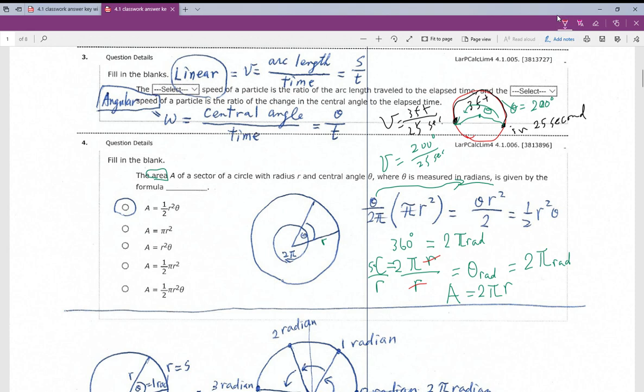Here. The circumference is 2 pi r, and the whole circle has 2 pi radians. And the area of the circle is pi r squared.